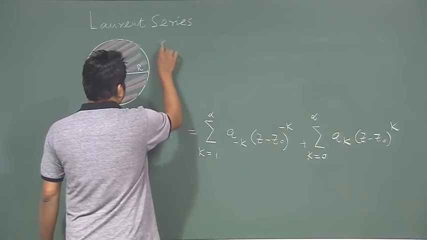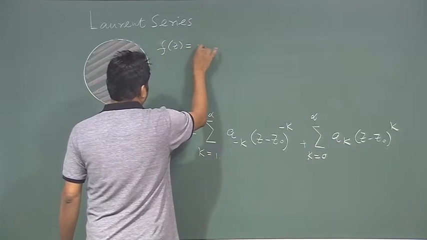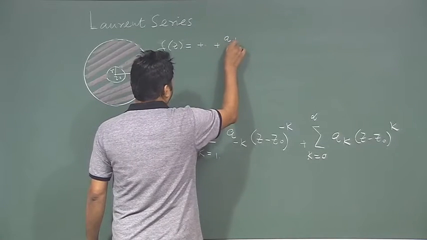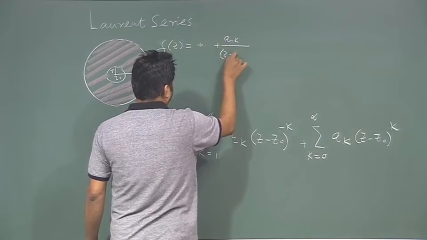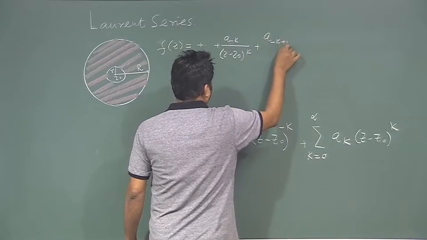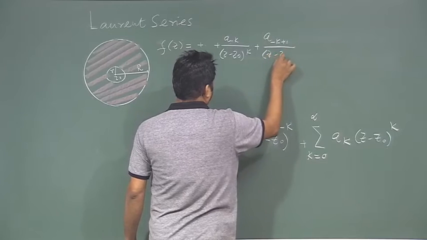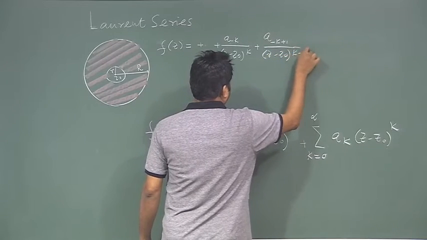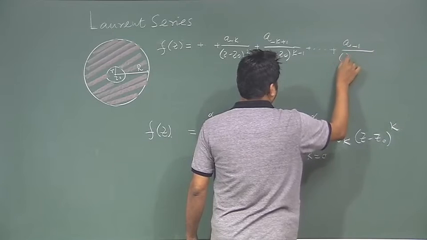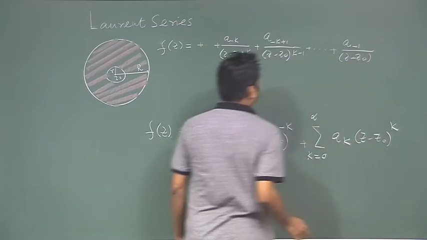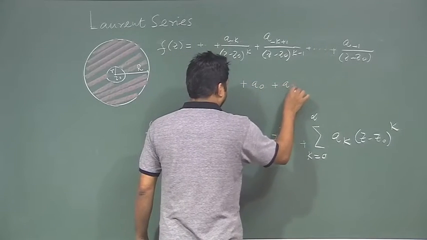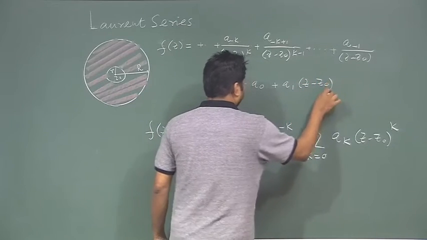So, if I expand, then f(z) will be something like a_{-k} divided by (z - z0)^k plus a_{-k+1} divided by (z - z0)^{k-1}, and so on, plus a_{-1} divided by (z - z0), plus a0 plus a1 (z - z0).